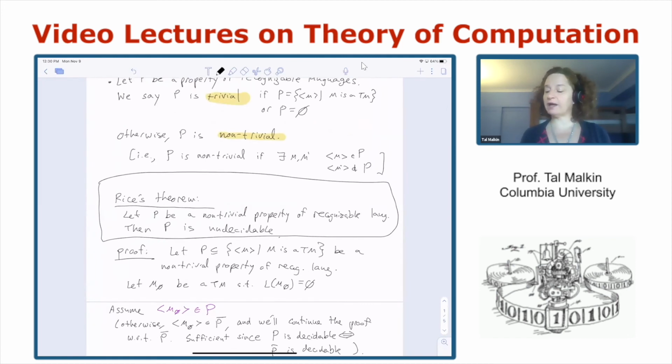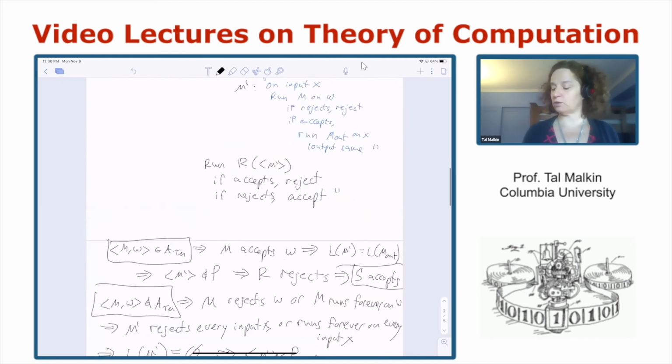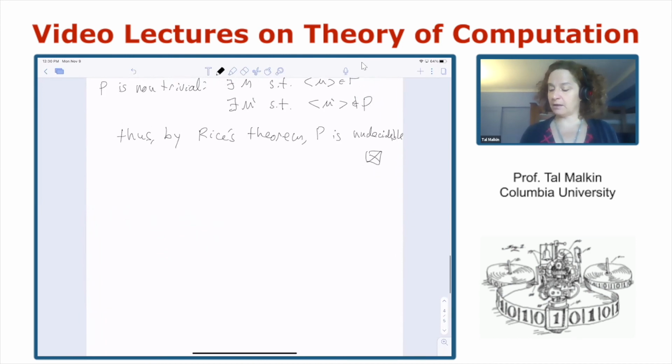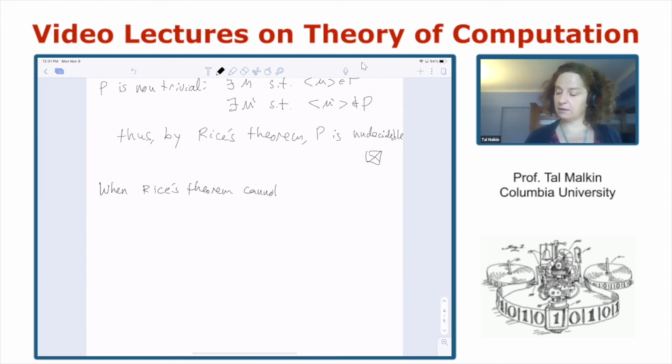Let me just mention when you can't apply Rice's theorem, which is clearly when the if condition doesn't hold. Just to give you an idea, Rice's theorem cannot be applied when it's not a property of Turing machine languages.